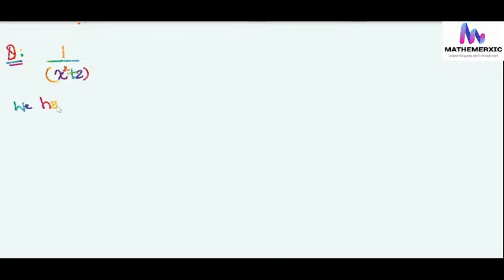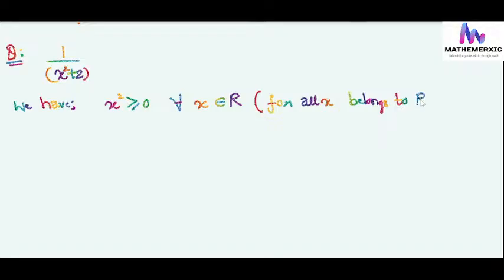Now we can add both the sides 2 here. X square plus 2 is greater than or equal to 2 for all x belongs to R.